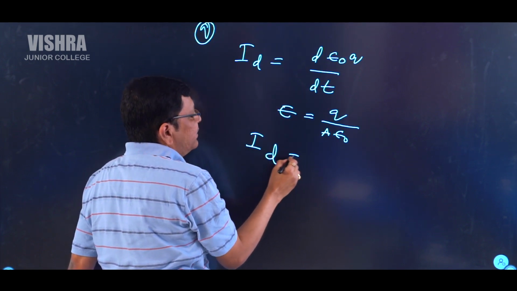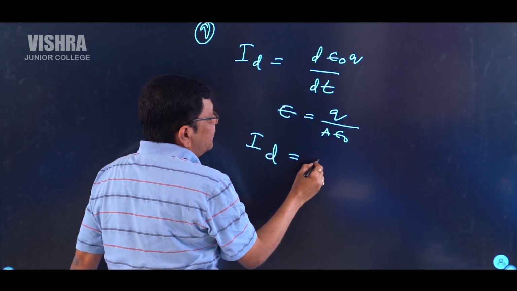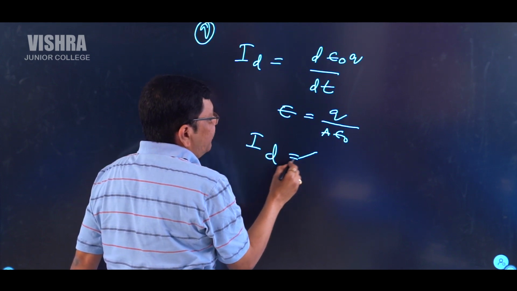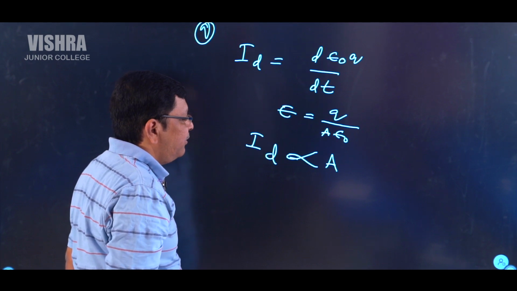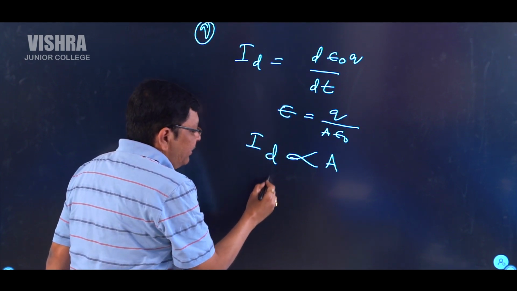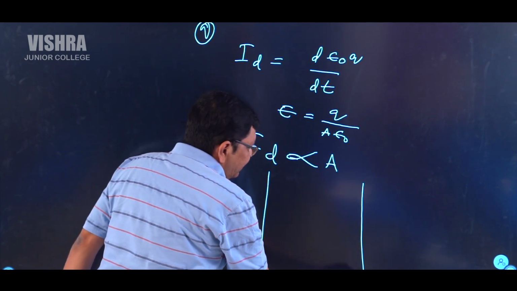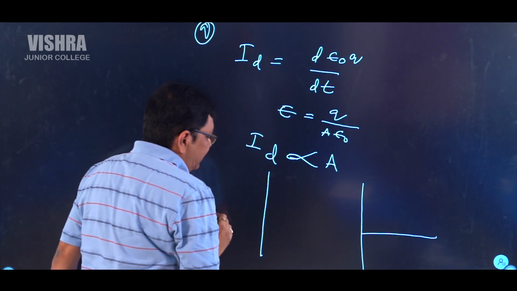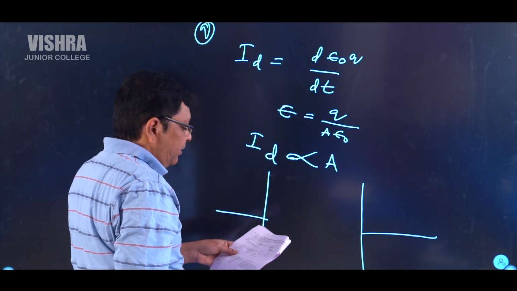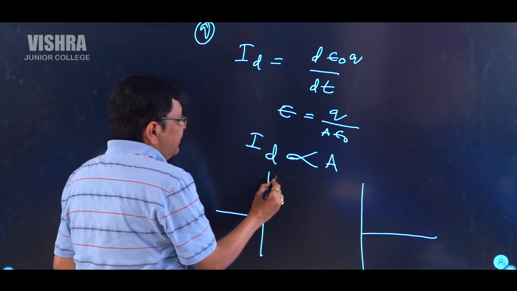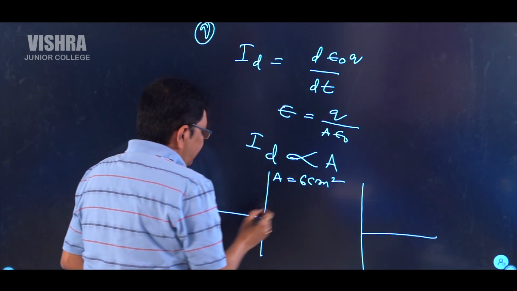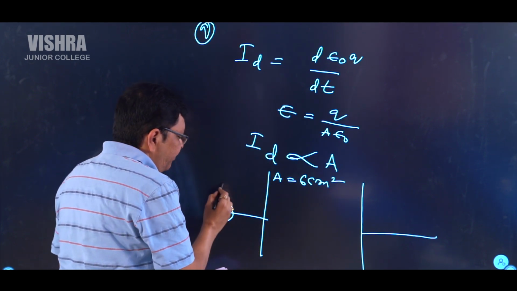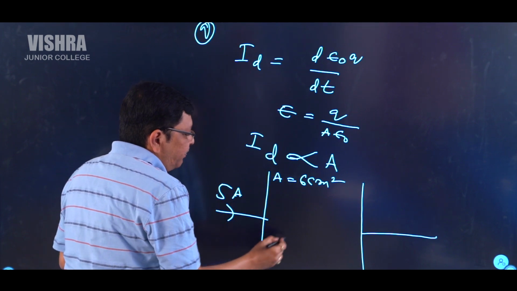From this expression, we can say that the displacement current is directly proportional to the area of the space between two plates of the capacitor. In the question it is given that there is a parallel plate capacitor, the area of each plate is 6 centimeters square, and a current of 5 amperes is passing through the plate.